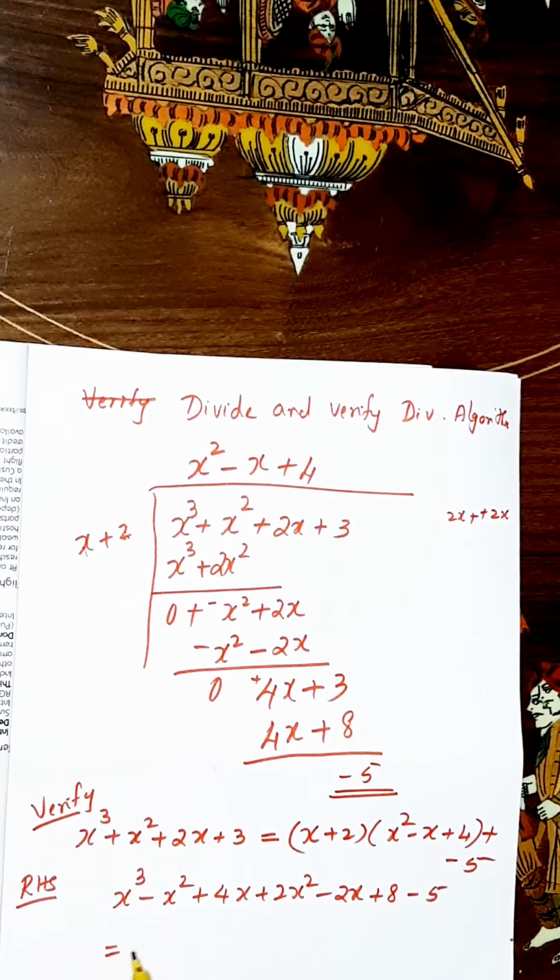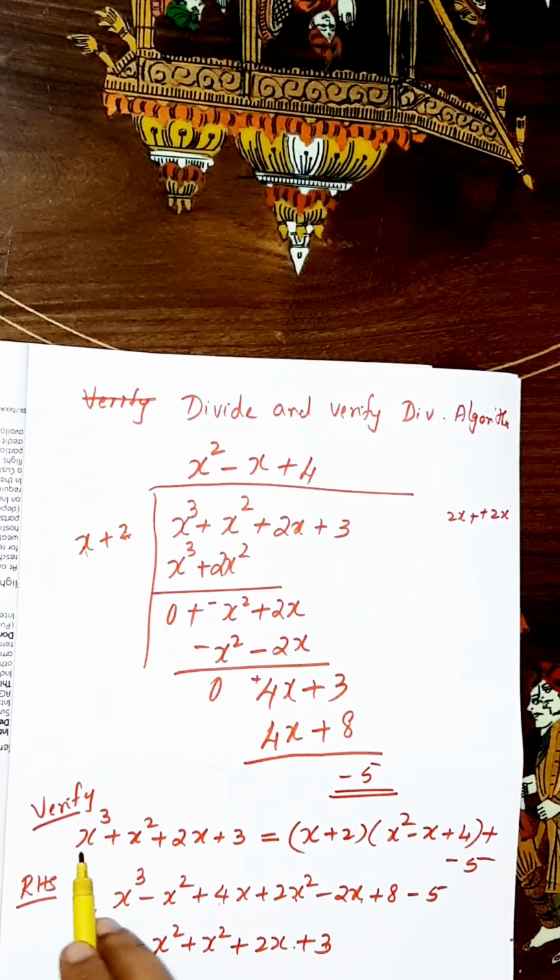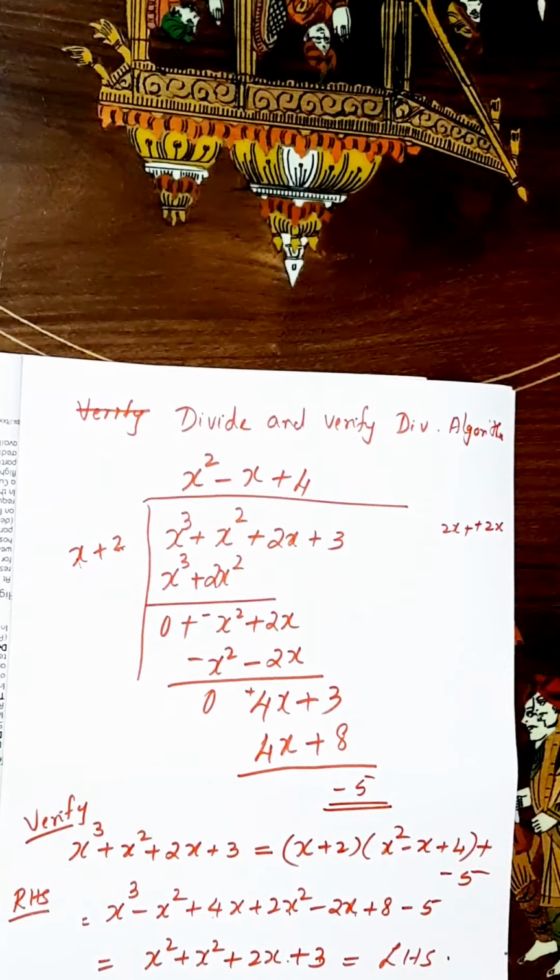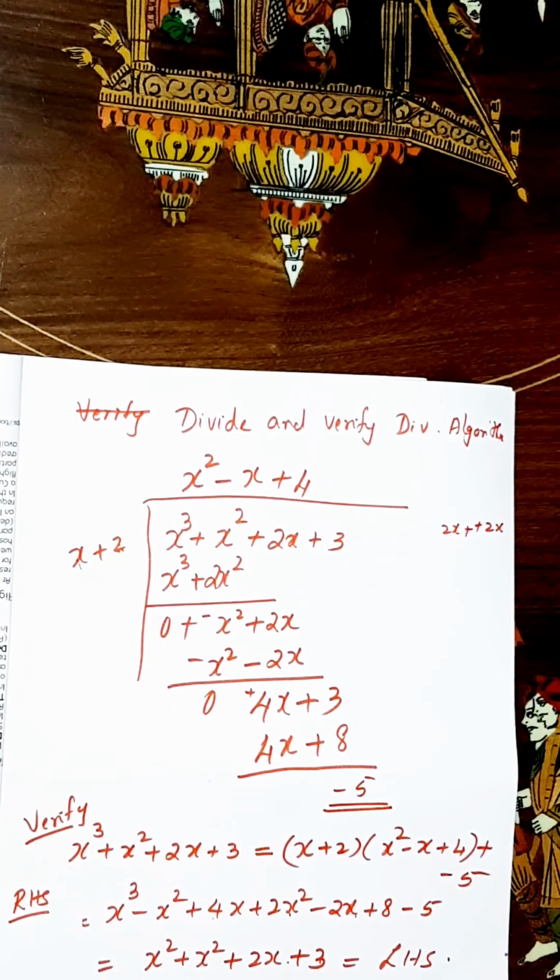So this is equal to x cube, then minus x squared plus 2x squared will become plus x squared, then 4x minus 2x will become plus 2x, then 8 minus 5 will become plus 3. So this is equal to LHS. So hence verified.